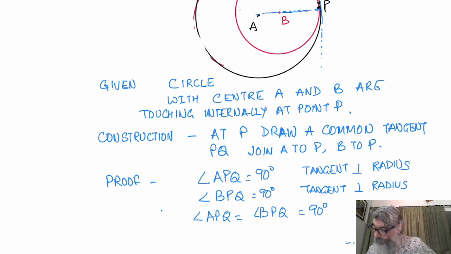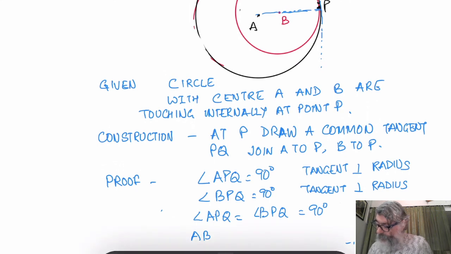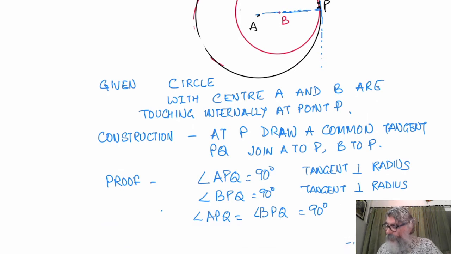So we'll say A, B, and P lie on the same straight line because they are both making the same angle to the same line. So they are going to lie on the same straight line. So that finishes our two more theorems based on this.